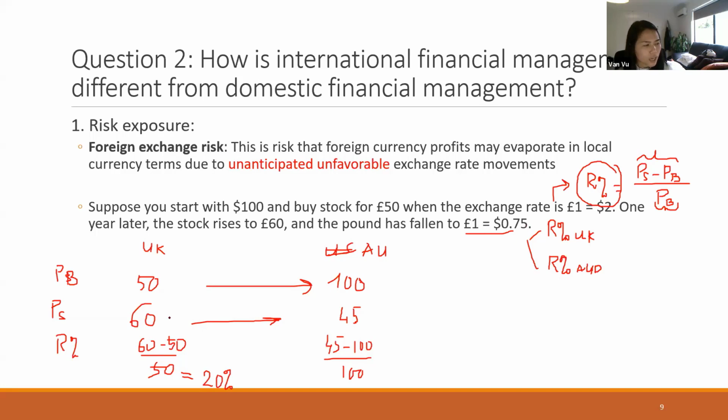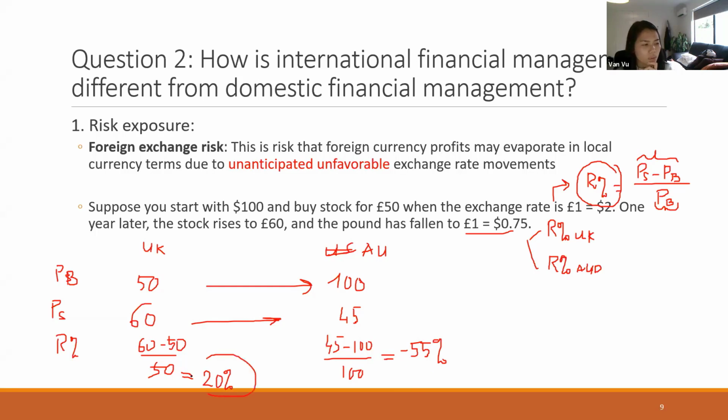So when we convert 60 pounds back into dollars, we only get $45. So this means that our investment has yielded a loss of minus 55% from this investment, which is a really big loss.